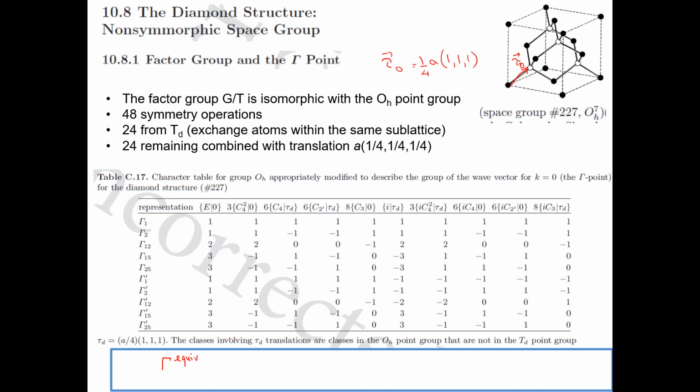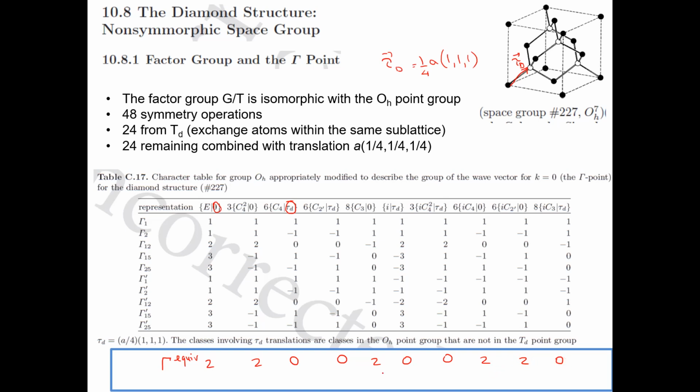All right, so the characters for the equivalence representation are going to be 2 whenever there is no translation, whenever there's a 0 here. So this is 2, 2, and it's going to be 0 whenever there is a translation here. So this is 0, 0, 2, 0, 0, 2, 2, 0. Okay?